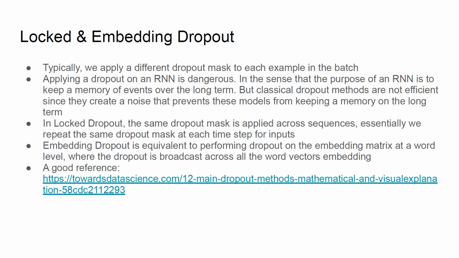In locked dropout, the same dropout mask is applied across sequences. Essentially, we repeat the same dropout mask at each time step for input. Embedding dropout is equivalent to performing dropout on the embedding matrix at the word level, where the dropout is broadcast across all the word vector embeddings. There are good references in this link.